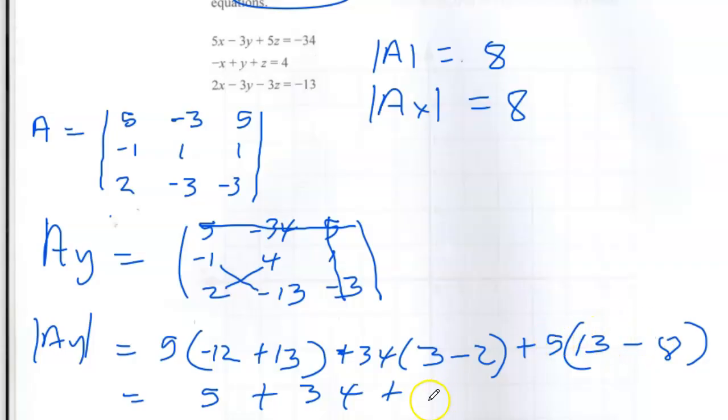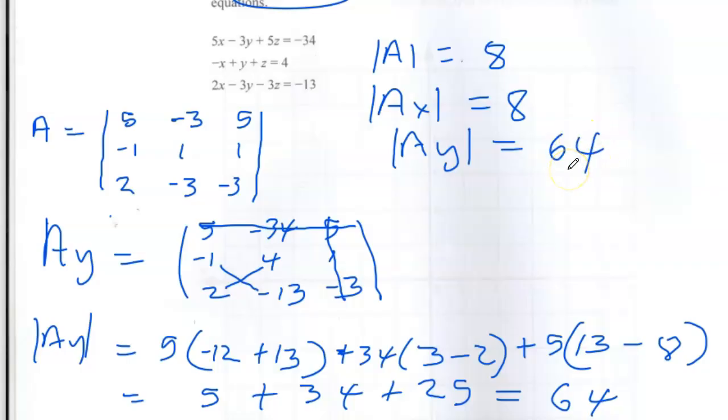So it's 5 times 5, that's 25. So 5 and 25 is 30. 30 and 34, that's 64. So the determinant of AY is 64.